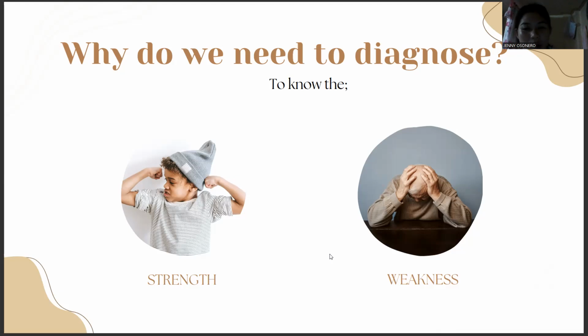Why do we need to know their strengths? Because when the teacher knows exactly what students know and don't know, they can focus on the lessons or topics that students still need to learn rather than what they already know, because it is time consuming if the teacher focuses on the topic that the students already know rather than the subjects that need to be focused on.